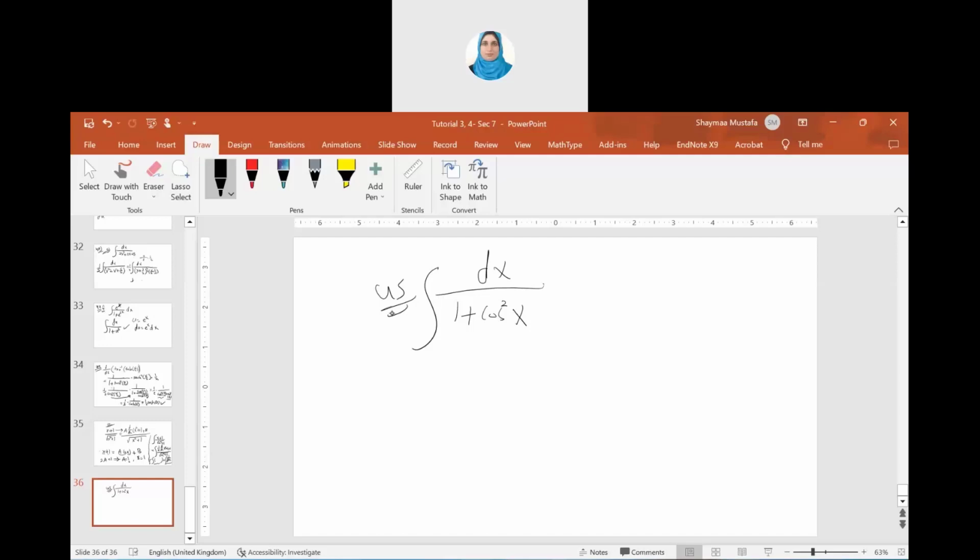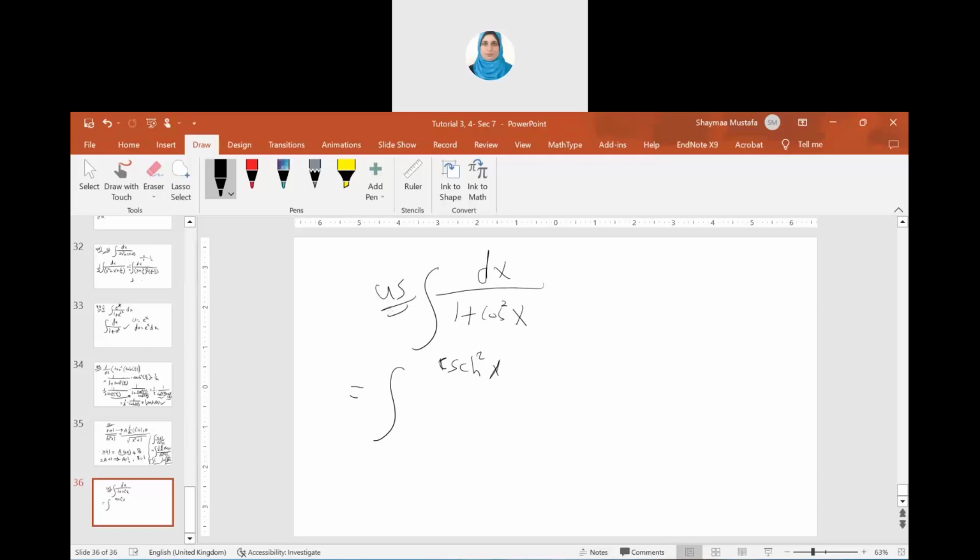So you need to replace cosine inverse x, or you can also divide this by sine square. If you divide by sine square, you have 1 over sine square, which is cosec square x.